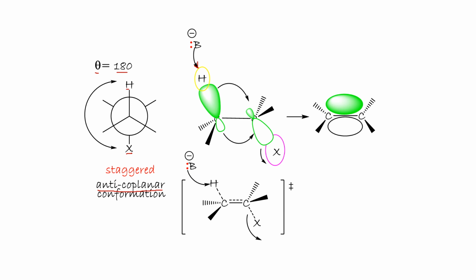The two electrons will go and form a pi bond while X is going out, and the transition state will clearly show abstraction of hydrogen, formation of pi bond, loss of leaving group. This is the transition state.